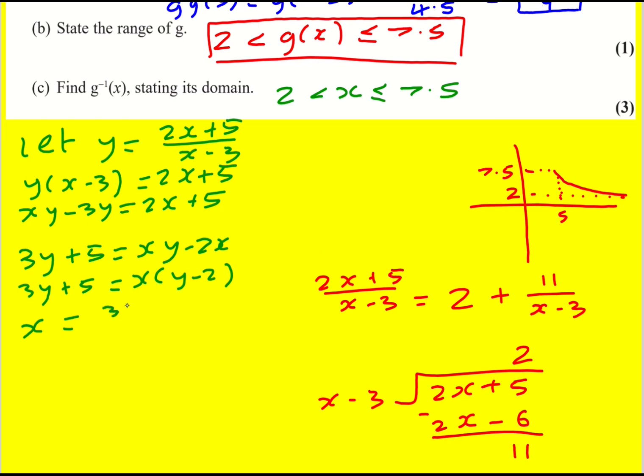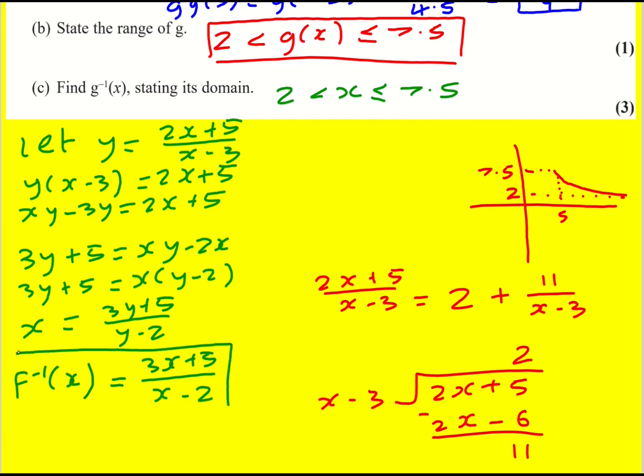So x is 3y plus 5 over y minus 2. That's how I get back from y to x. Just for the inverse, we always use x as the input, so we swap it all around. The inverse is going to be 3x plus 5 over x minus 2, coupled with its domain as mentioned earlier.